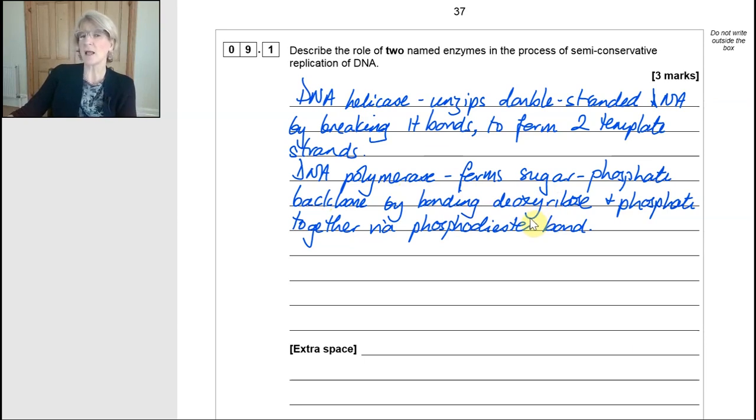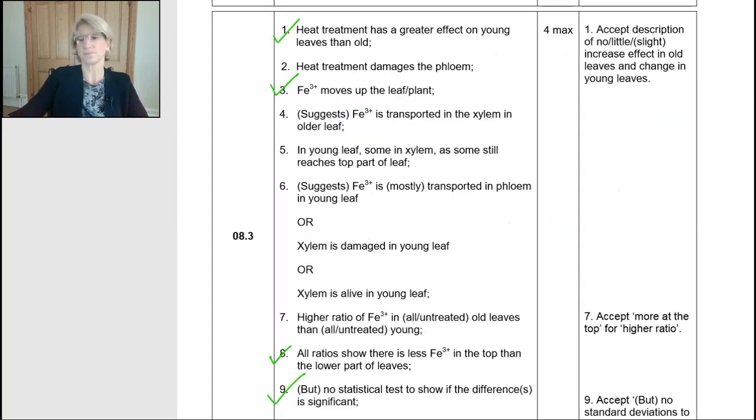So here I'm realizing that I'm about to talk about the sugar and the phosphate, and we are talking DNA. So let's actually talk about the sugar that I know it is, deoxyribose and phosphate, together by a phosphodiester bond. I'm working hard to get those marks, but I can't really say anything else about those enzymes.